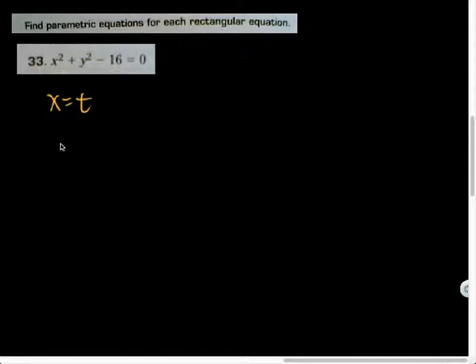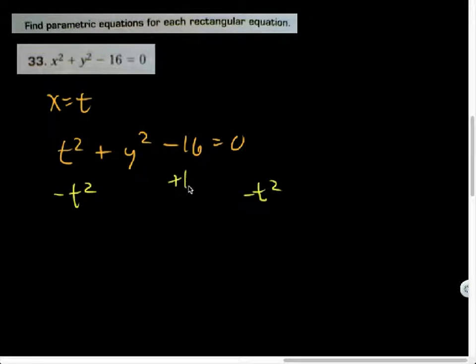Step 2, I then plug that in. So I'd have t squared plus y squared minus 16 equals 0. Now I could solve this for y by adding 16 to both sides, and I'd get y squared is equal to negative t squared plus 16.